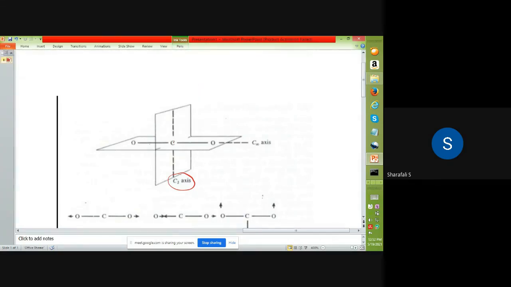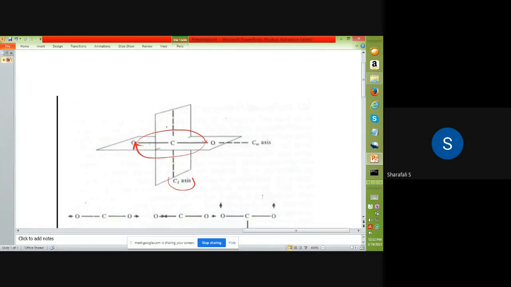So if you are moving this to this side and this to the other side, around an axis like this, we can have the same kind of structure for the molecule two times.